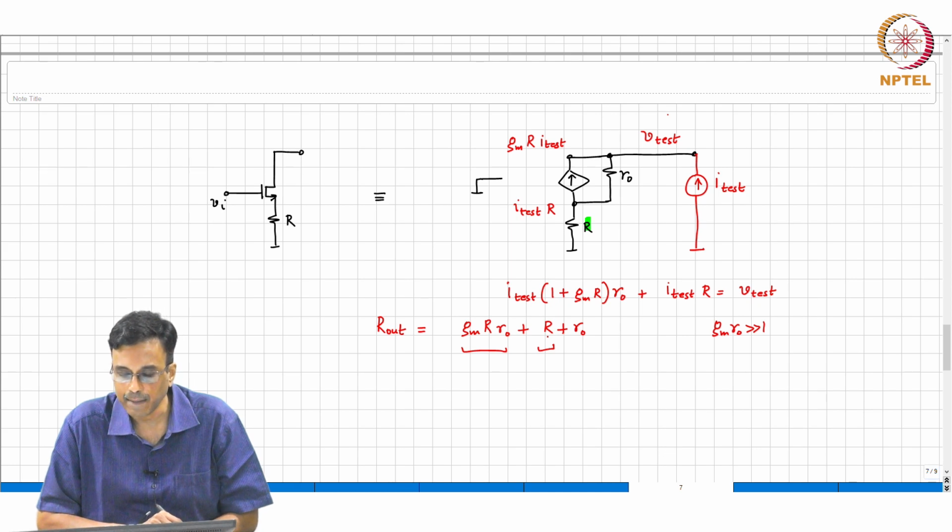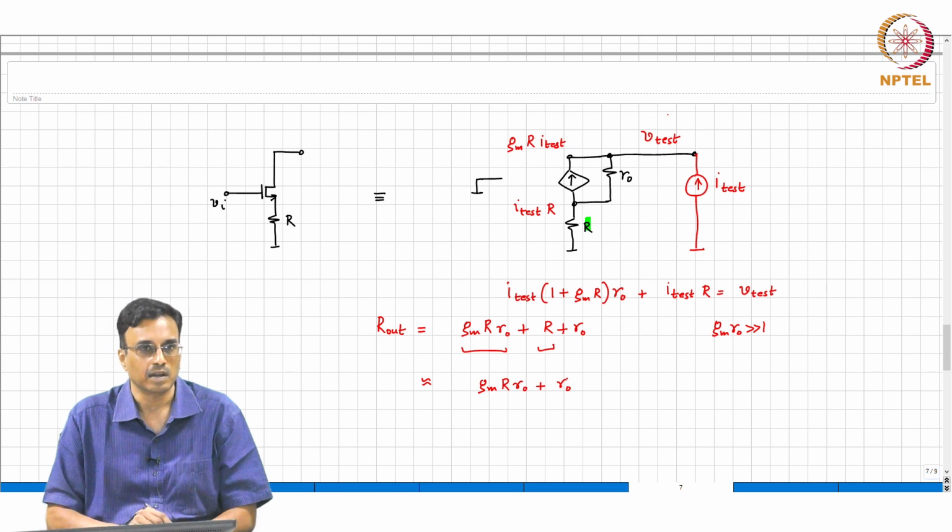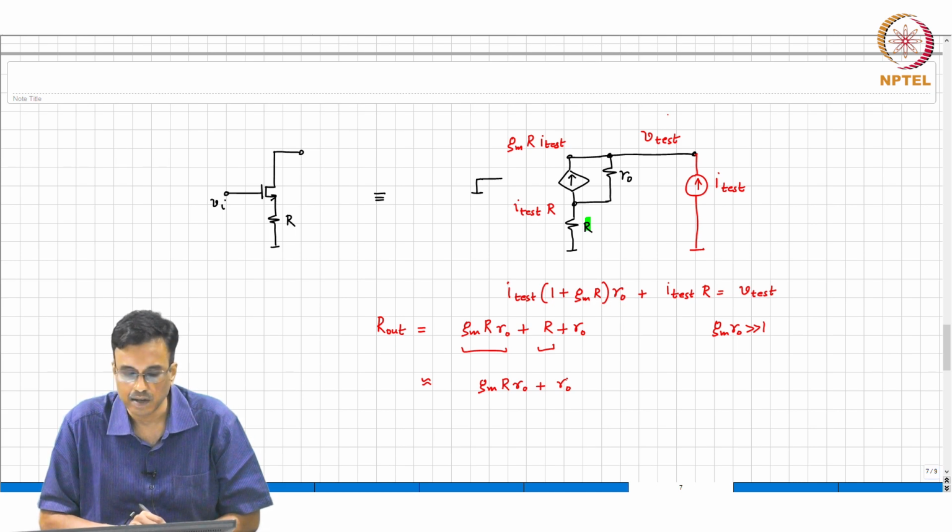You can neglect the capital R. So, this becomes Gm R naught R plus R naught. Now, in a good voltage controlled current source, what comment can we make about Gm R?